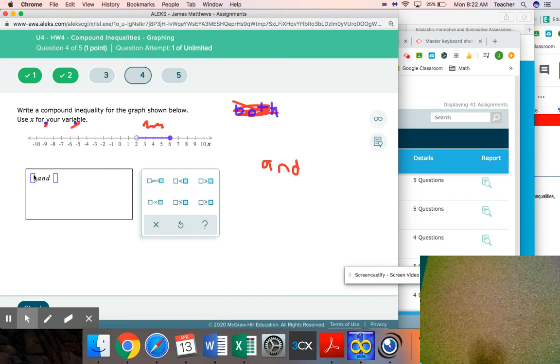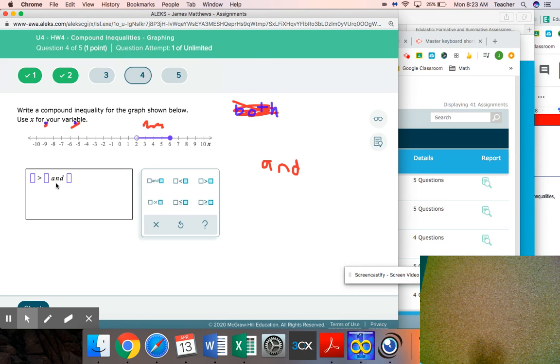Now I'm going to have my x's are going to be greater than this, and they're going to be less than or equal to that. So on one end, I'm going to say that my x's are greater than that. Ooh, that's not right. My x's are going to be greater than one thing, and then on the other end, I'm going to show that they are going to be less than something else.